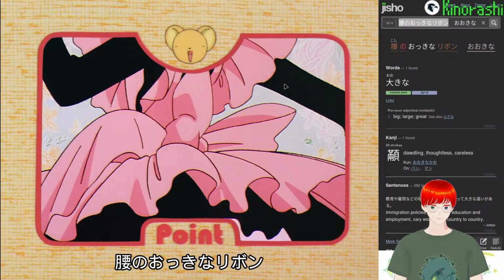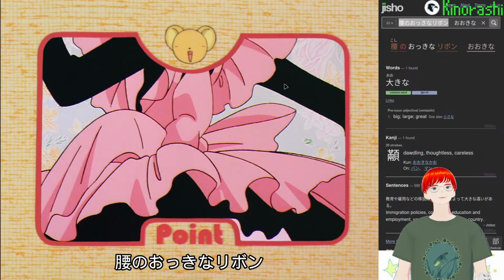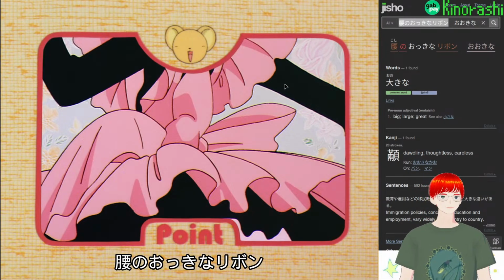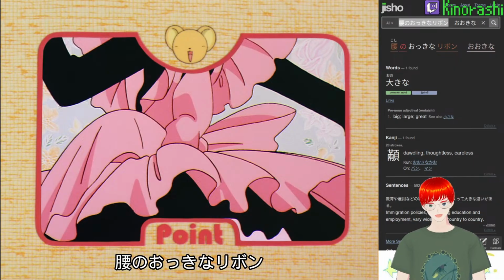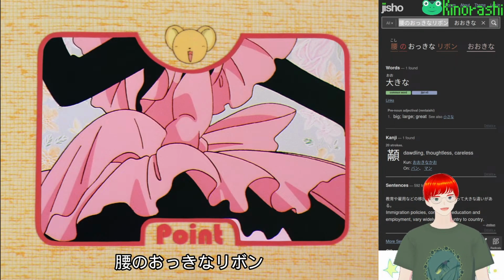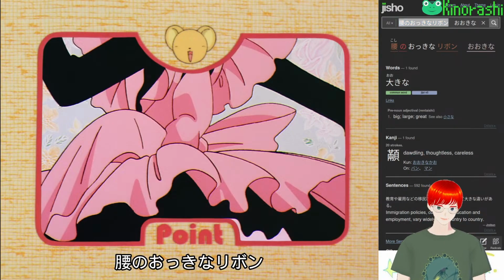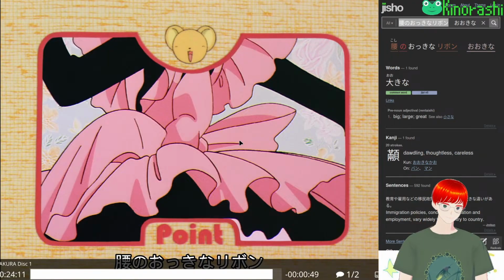In a fashion clothing context, when describing accessories like ribbons, belts or sashes, koshi indicates the waistline or hip area where the item is tied or worn. This is common in dresses, kimonos, and uniforms. In an anatomical pain context, koshi ga itai typically refers to the lower back. Therefore for a ribbon you should visualize it at the waist or hips. So the koshi no okina ribbon, a large ribbon around the waist.